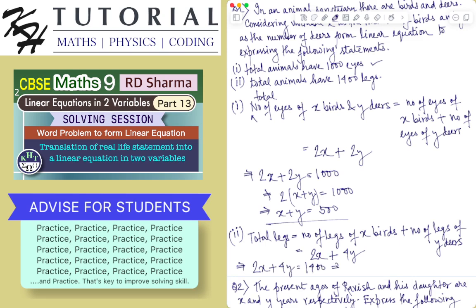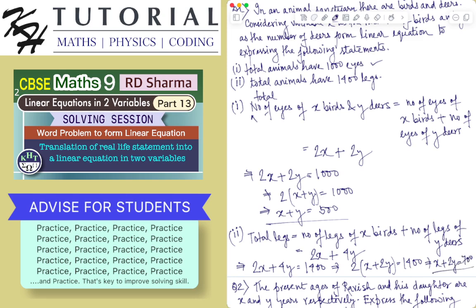Again I can factor out 2 from the LHS, that is 2 into x plus 2y is equal to 1400, and then divide both LHS and RHS by 2, and I will have the final linear equation as x plus 2y is equal to 700.